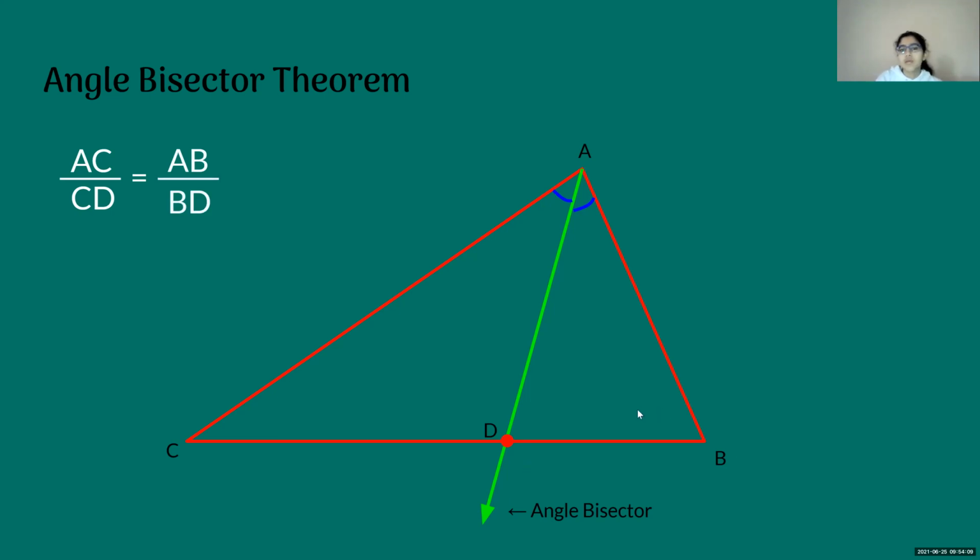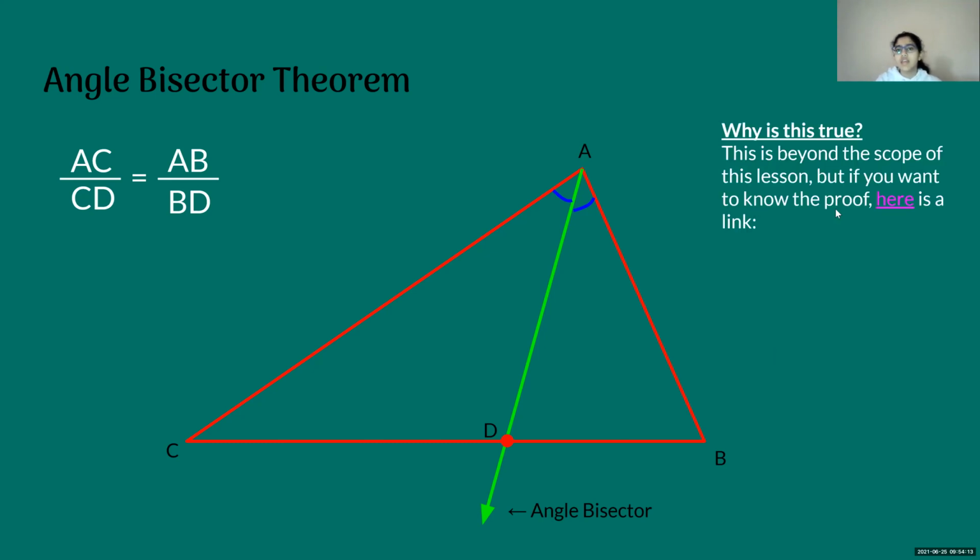Although it's beyond the scope of this class, here is the link to an explanation of why this works and how it's derived. If you want to look at it after class, that's totally up to you. But basically, remember that AC over CD is AB over BD, and any way you manipulate it algebraically will work.